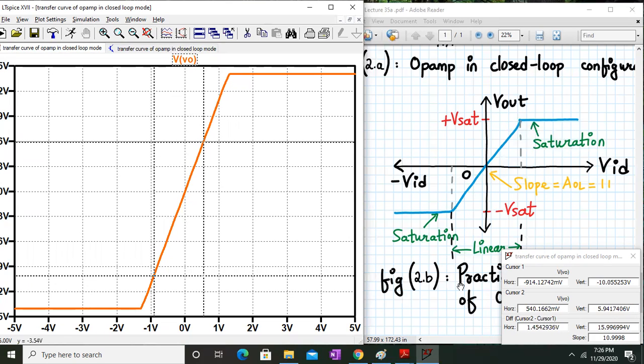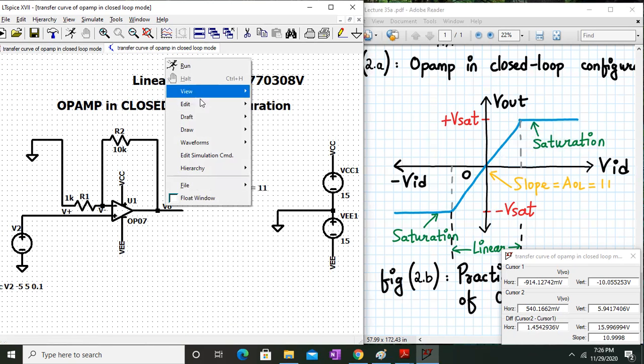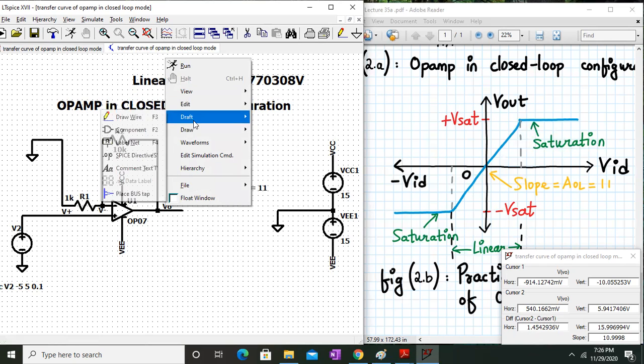Okay, so directly I should divide the difference between the y2 minus y1 upon x2 minus x1. So that will be 15.99 divided by 1.454. So that number is coming out to be 10.99.